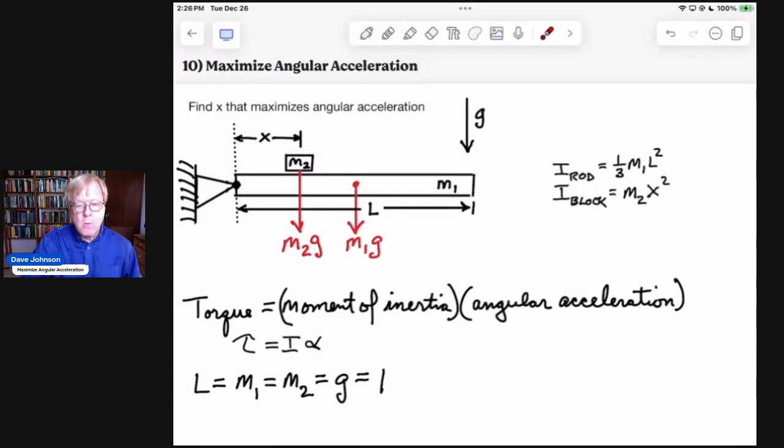By the way, if you're not comfortable with the physics, don't worry because I'll show you everything that you need to know. So we're trying to maximize the angular acceleration of a system. This system consists of this rod here, which is pivoted at the left end.